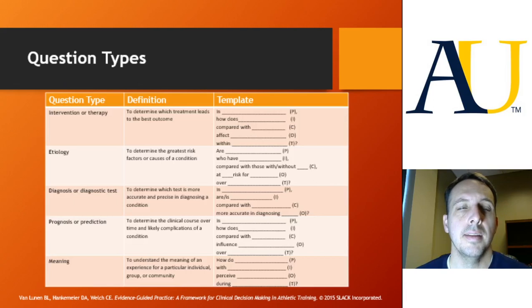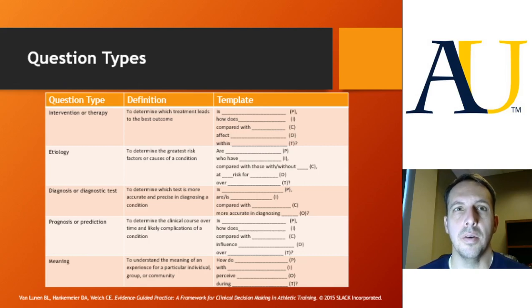So once we've identified which type of question, and there are the definitions as well listed there, we can then use the template that is at the right of our screen to take basically our PICO question or a PICOT question, PIO question, whichever is most appropriate, and basically just fill in the blanks to create it into a sentence.